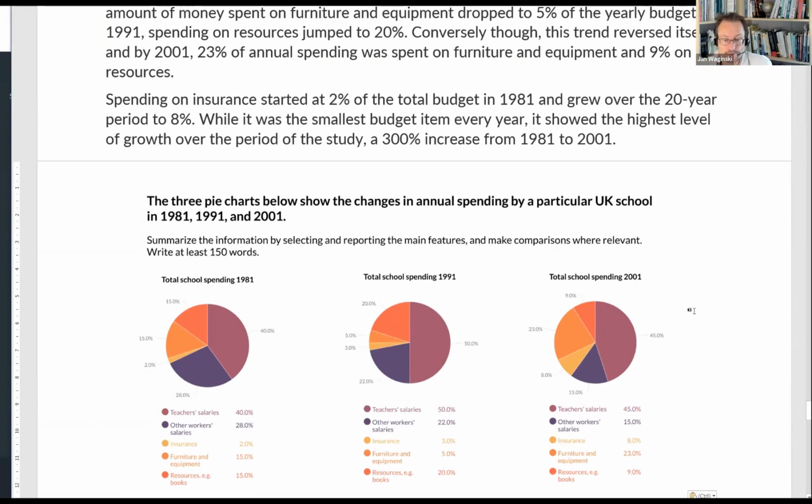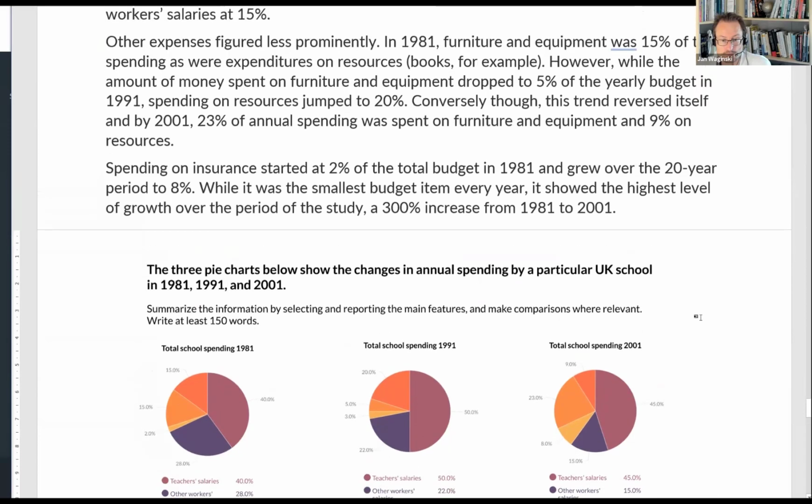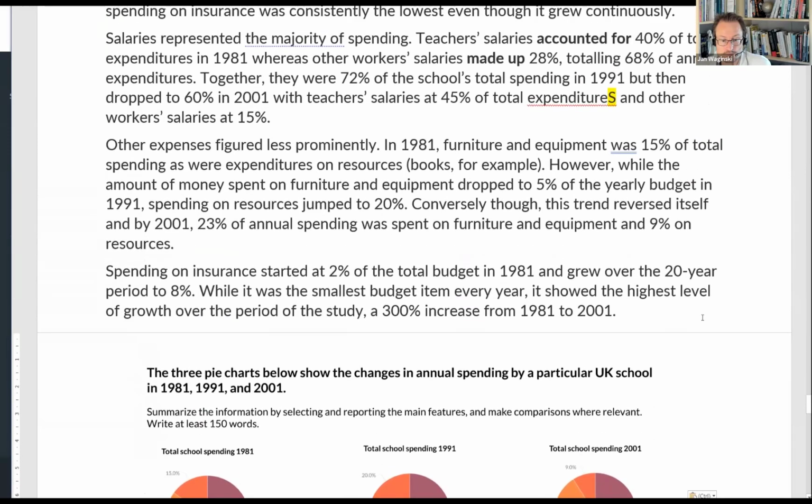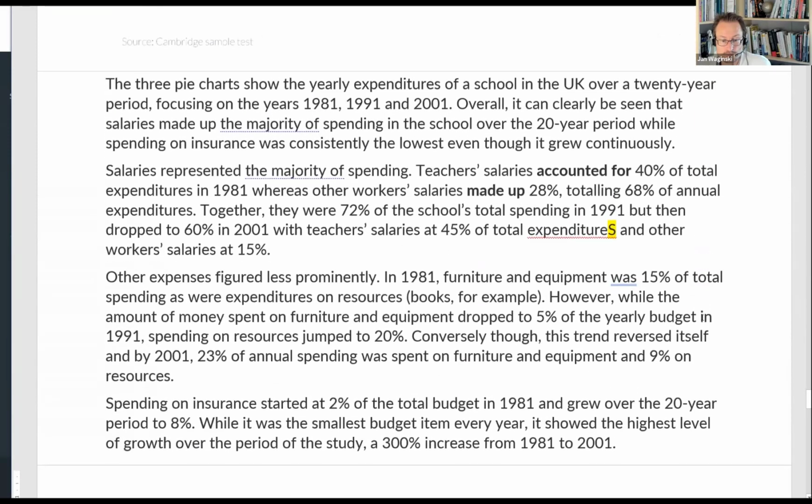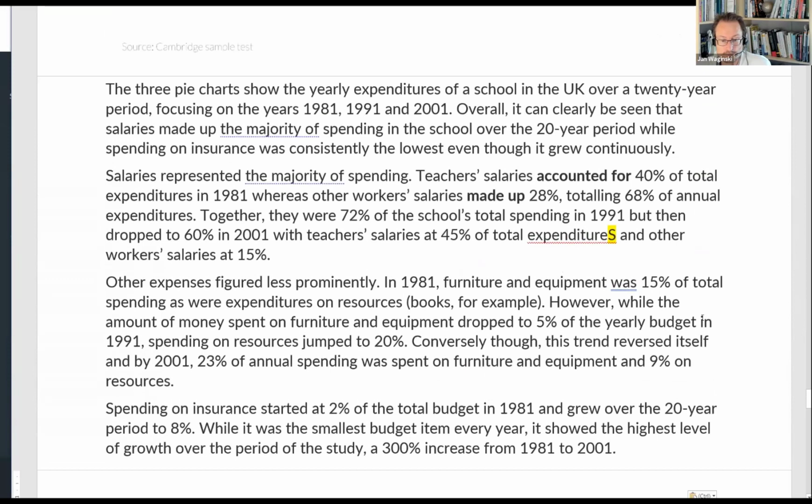Any questions? The vocabulary here, is there any word that we can use specific, such as made up, accounted for.